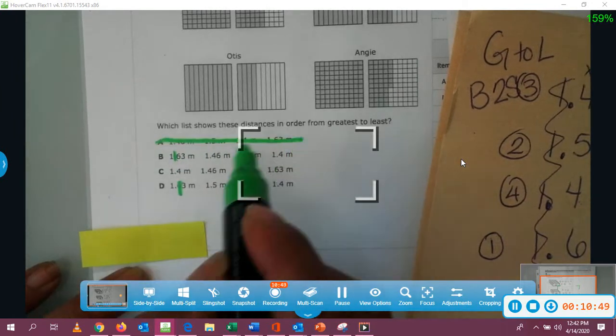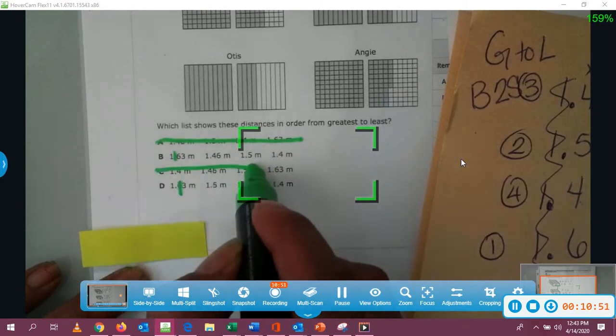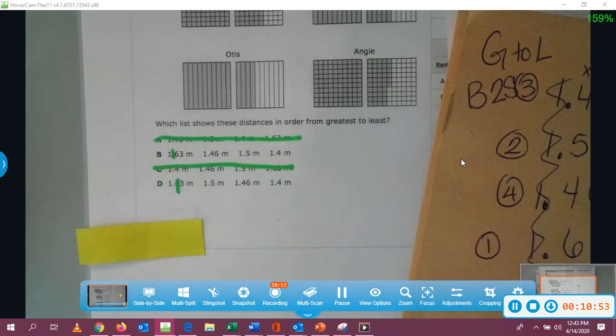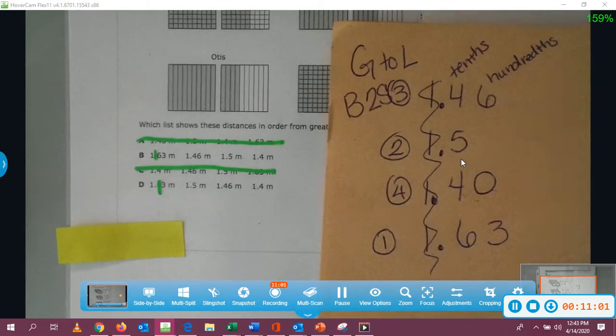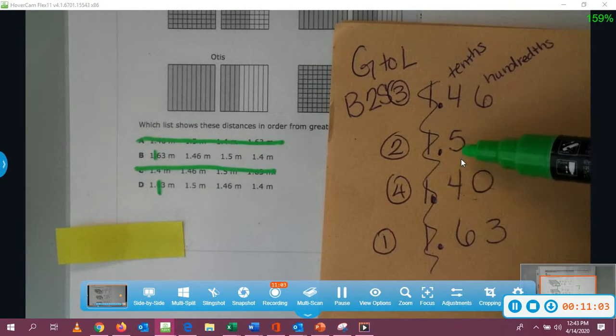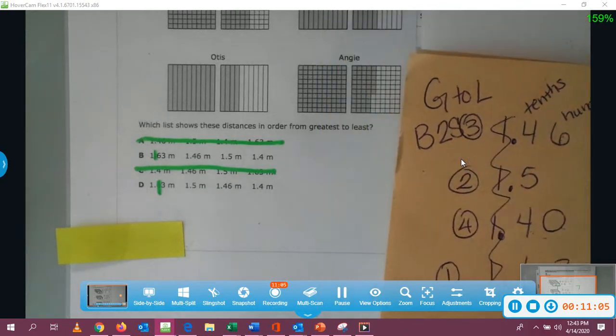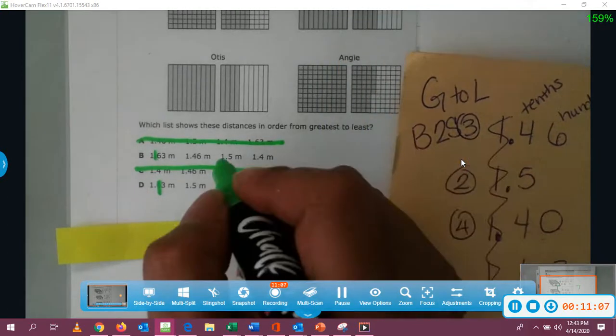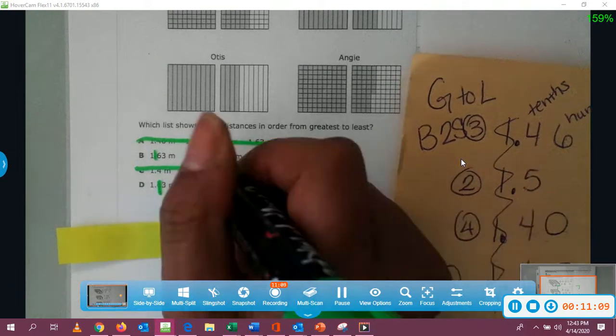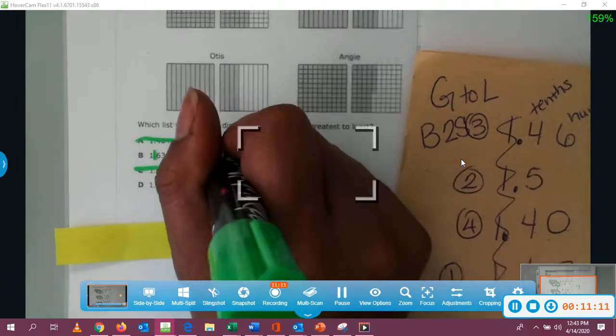Number 1 is 1.63. So now you're down to 2 choices, B and D. So in the next place, I will look back on my list, and the second one was 1.5. So everywhere I saw 1.5, I would just mark it number 2.